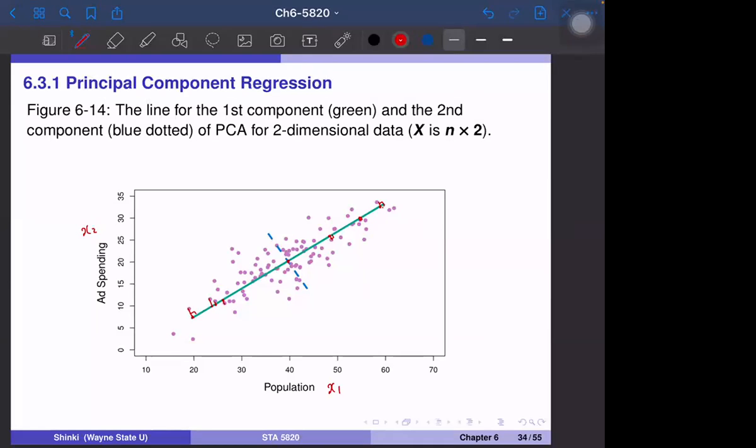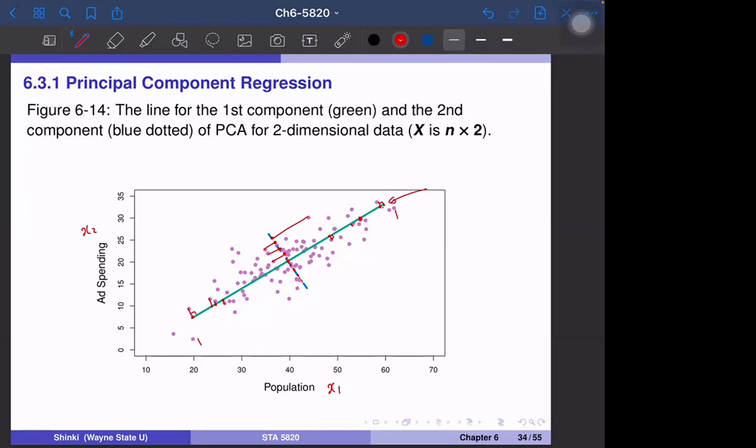The center may be here, and the variability is large from here to here. On the other hand, if we project all observations onto the blue line, the variability of these points is smallest among all directions. So we use the green direction as the first principal component.